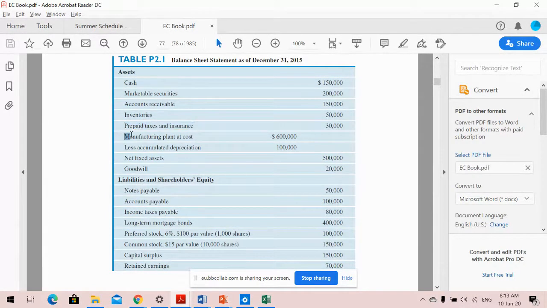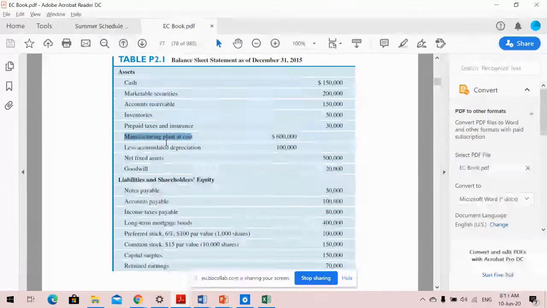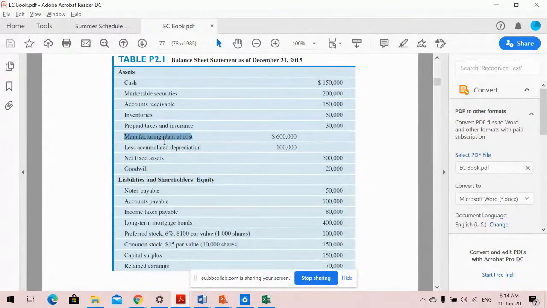Next one, we look at a manufacturing plant at cost. Now, manufacturing plant is a long-term asset. Remember, plant is long-term. In order to understand this entry, imagine the entry of the car which I explained. A car or plant at cost of 600 minus total or accumulated depreciation of 100,000.